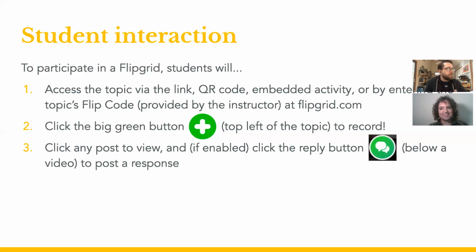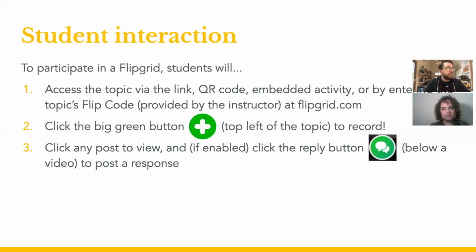So hit the big green button and record, and then once students have recorded, their Flipgrids will start to populate in that topic. Once other posts are in a topic, students can click any of those posts to view it and hear some of their colleagues' responses. Depending on how you've set up your topic as the instructor, you can enable student replies, and we'll see that in some of our examples later on.